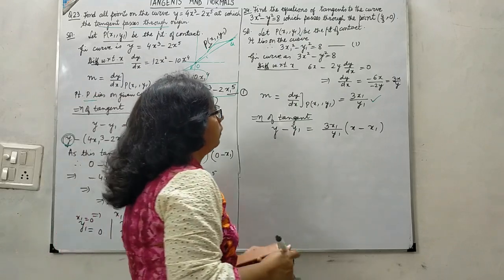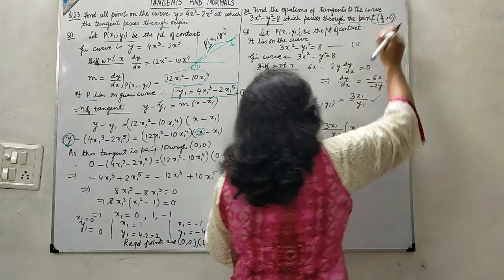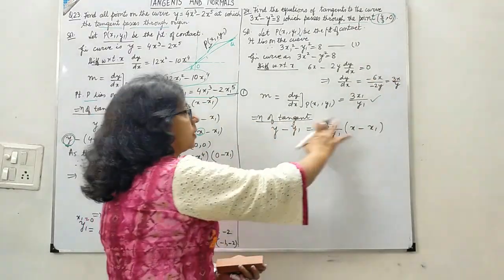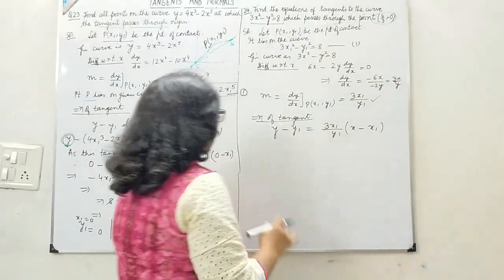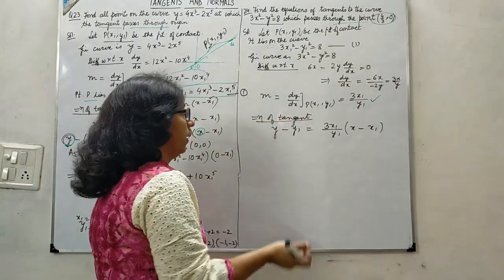Now, here we are given this line passes through the point (4/3, 0). Suppose we have this line in simplified form like 2x plus 3y, then we substitute this point as x and y.